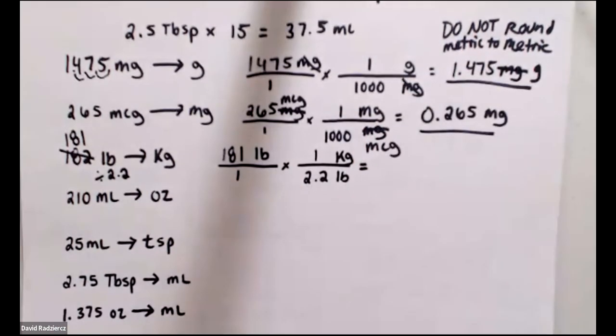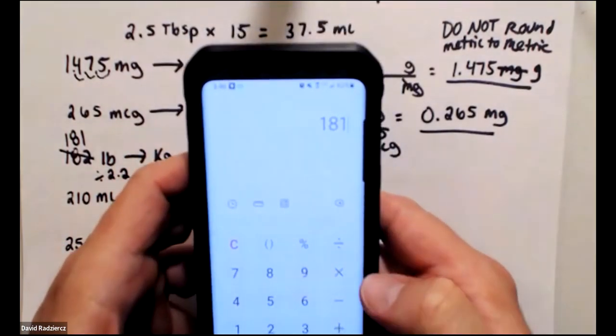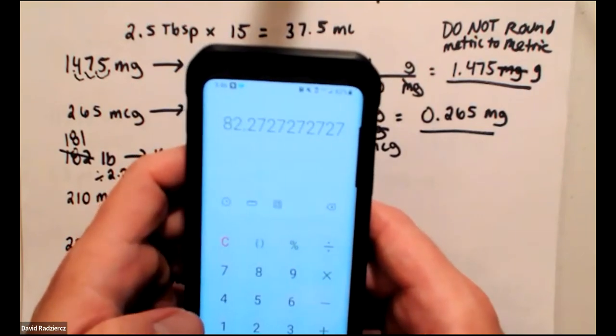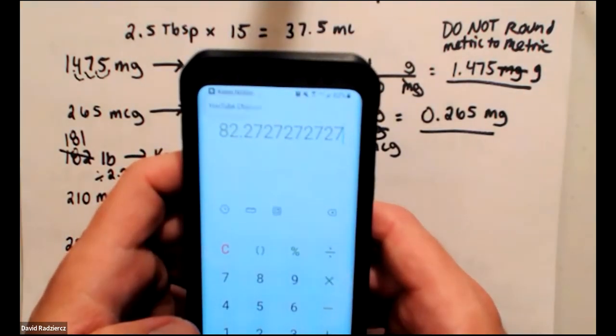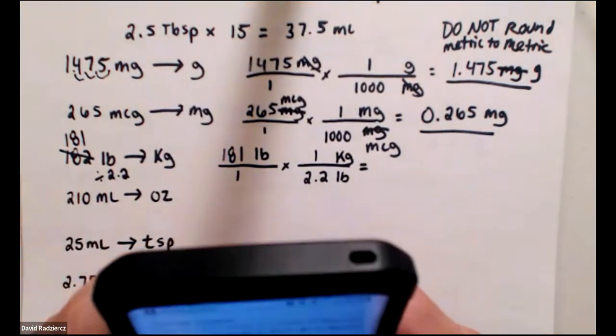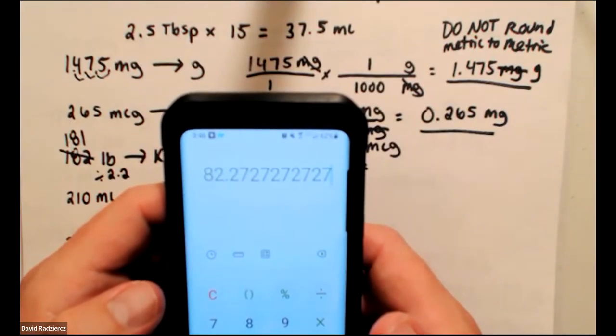So I'm going to take my calculator, my phone, and I'm going to say 181 divided by 2.2. And I'm going to get 82.27272727 repeating. Okay. 82.272727 repeating.